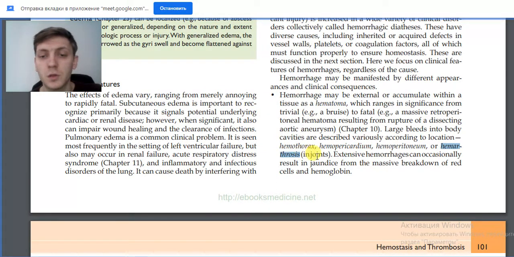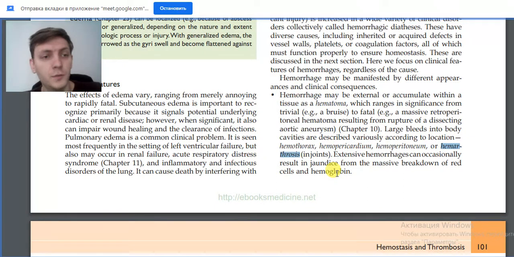Extensive hemorrhages can occasionally result in jaundice from the massive breakdown of red cells and hemoglobin. You remember that the decomposition of RBCs and hemoglobin goes through the stage of bilirubin, and bilirubin is yellow in color, so an increased amount of bilirubin causes jaundice.